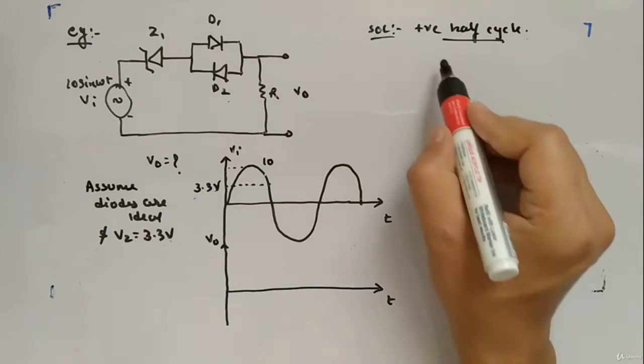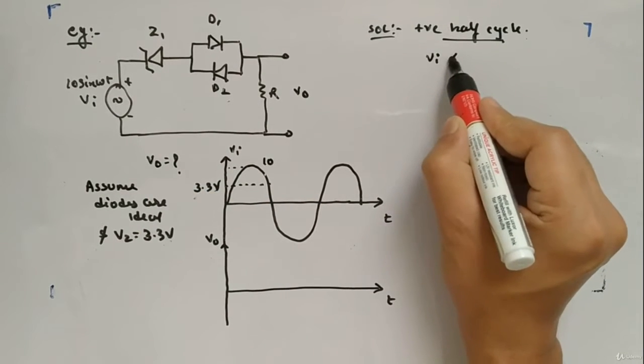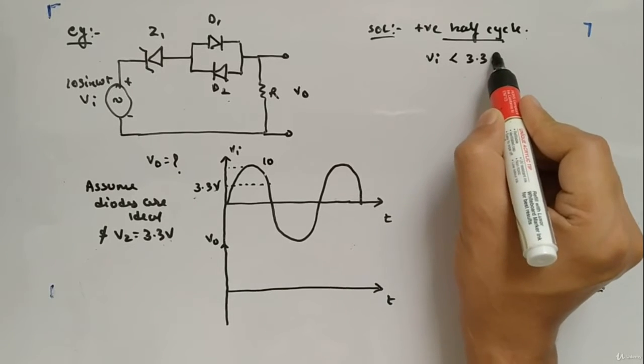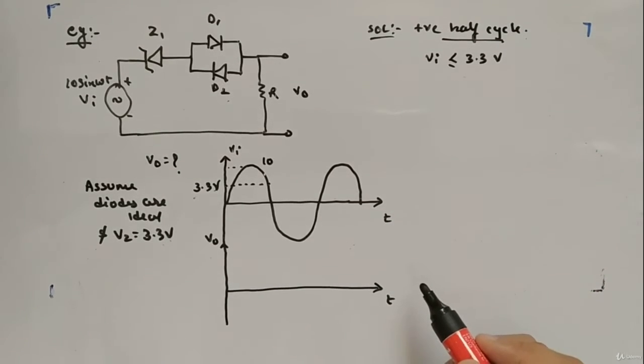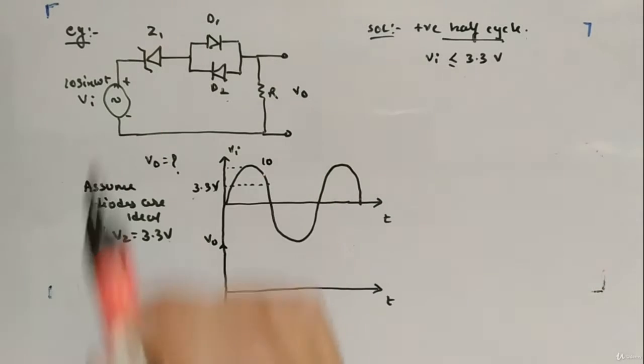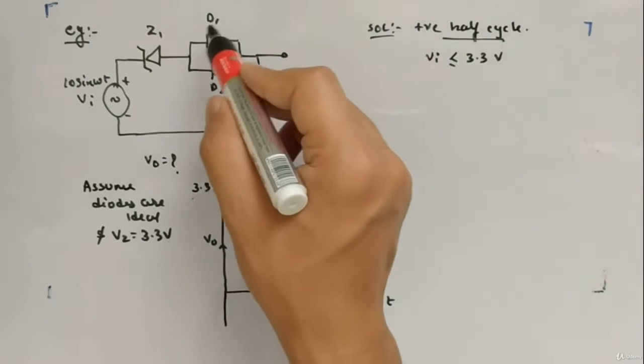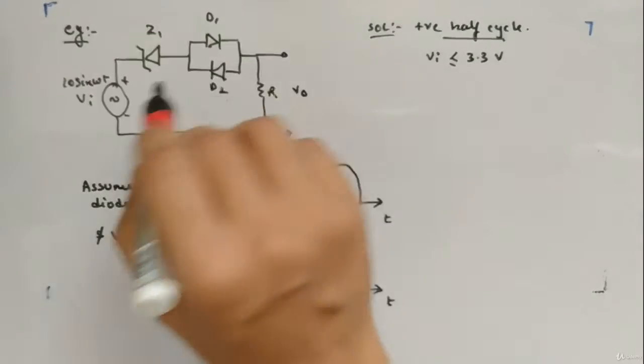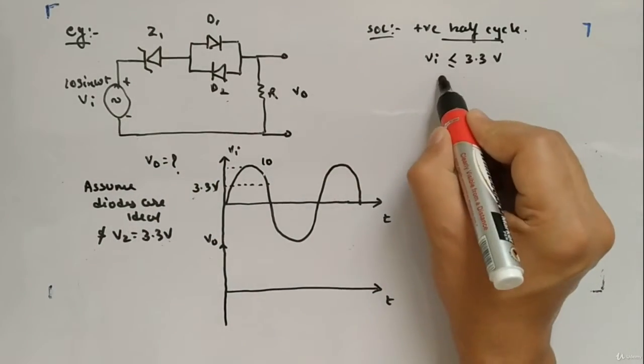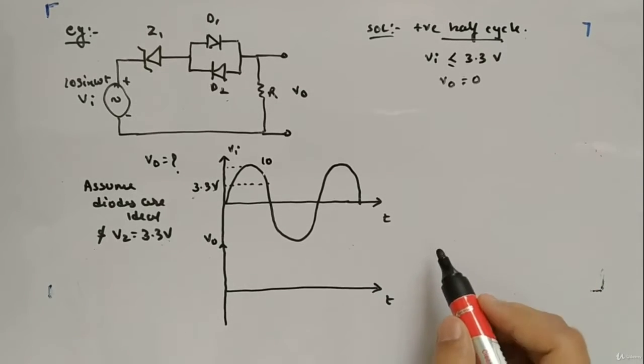Now if Vi is less than or equal to 3.3 volt, this Zener diode will be off, and in that case nothing will be transmitted to the output side, and we can say Vout will be 0.